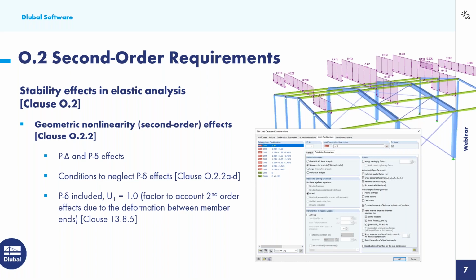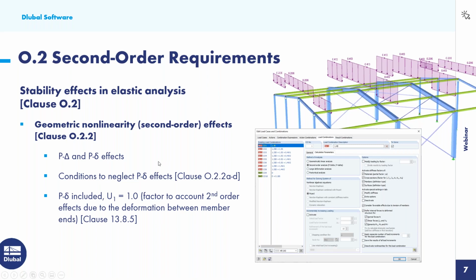The code in Annex O actually says, okay, we must consider big P delta effects, but here it also mentions P little delta effects. Now, there are conditions to neglect P little delta, and that is given in Clause O2.2, (a) through (d). So if you meet one of these conditions, you don't necessarily need to consider those small deformations that are occurring along the member length.